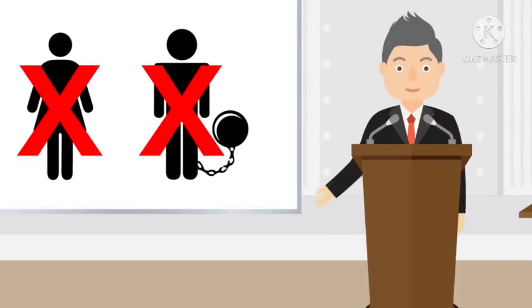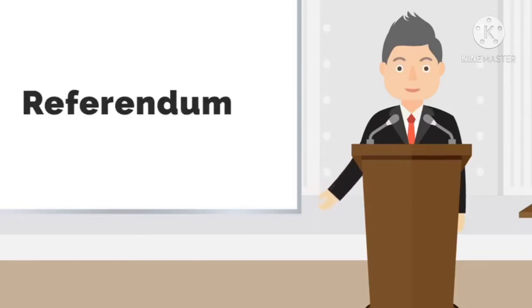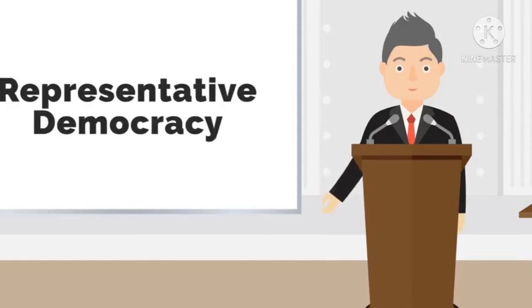This form of democracy will be very hard to work in a large modern society. It is hard to see how people would leave their schedules to come in for voting. This system uses referendum. Direct democracy will be impossible to achieve in today's society.